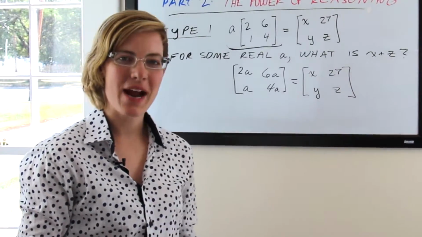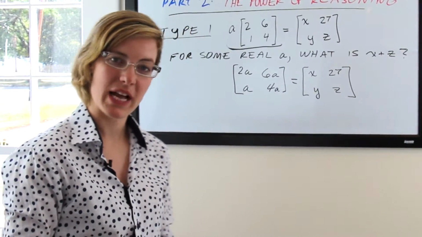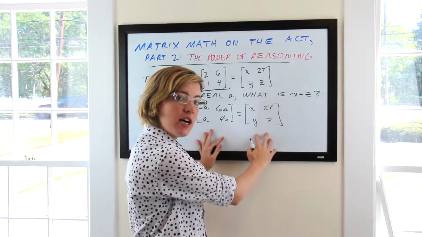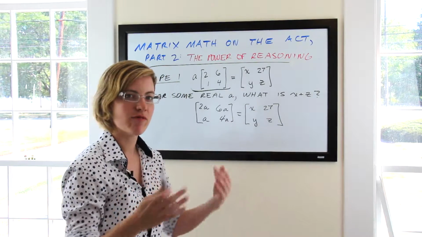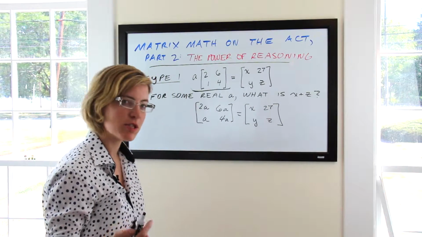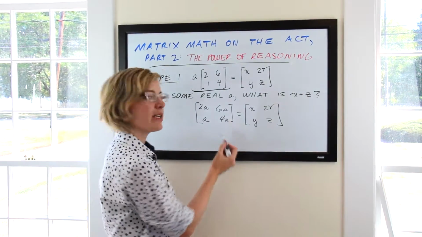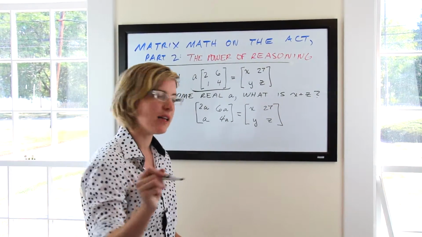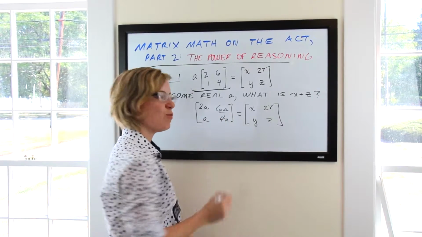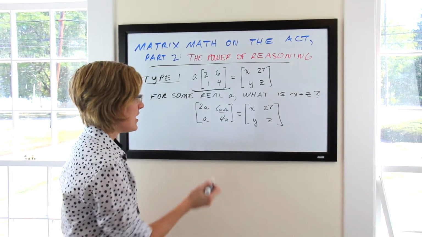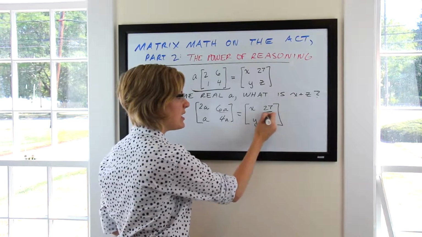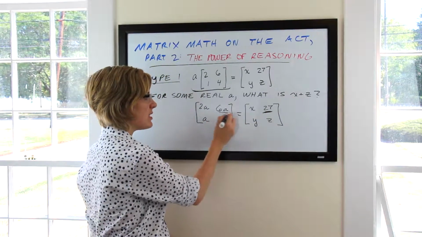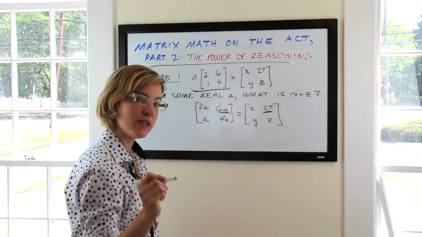Now here's where the comparison type of problem comes into play. These are lines that are matched up. They're equal to each other. So instead of trying to do some fancy solving or fancy substitution, we're simply going to compare element by element. Remember, an element is one piece of the matrix. So what do we know that's completely defined? We know this 27 and we know this 6A, and we know that A is a real number.